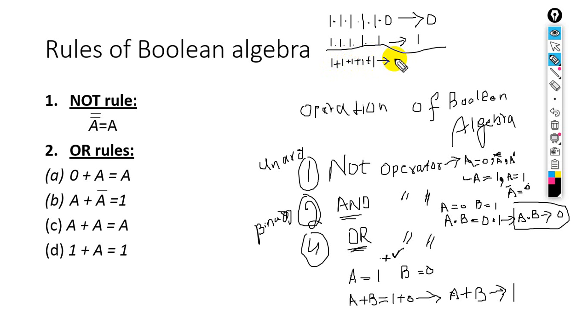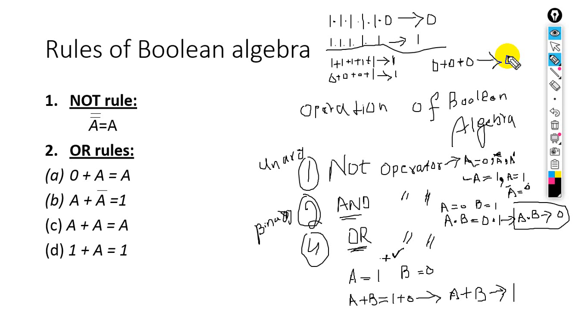But if we have 0 or 0 or 0 or 0 and the last one is 1, the result is still 1. The result will be 0 only when all of the values are zeros. For example, if we have 3 values and all of them are 0, the result will be 0. So this is the OR operator.